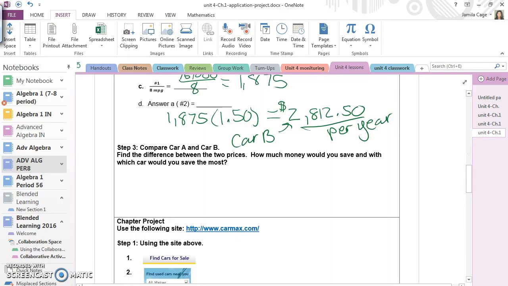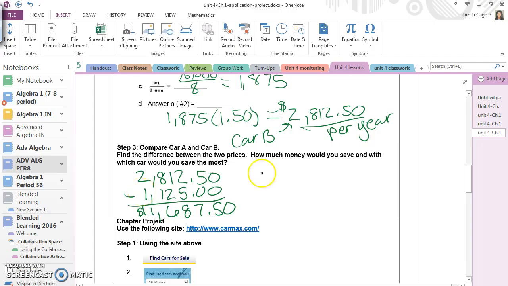We're comparing, so we need to find the difference. So we're going to take that $2,812.50 and we're going to subtract how much it costs for car A, which was $1,125, and find that difference. When we compute that difference, it comes out to $1,687.50.